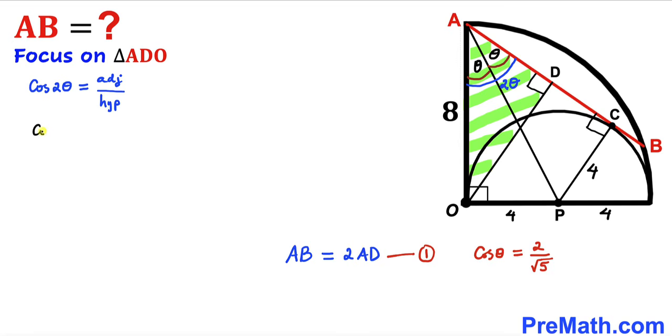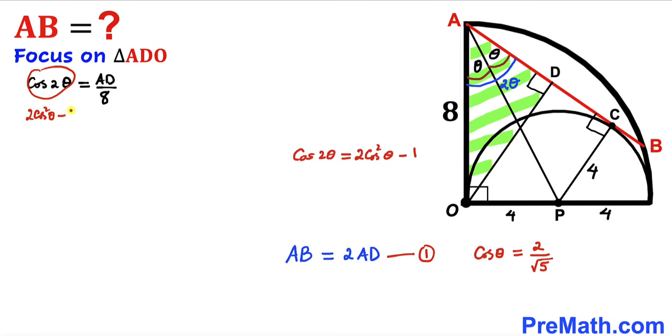So I can write cosine of 2 theta equals AD divided by 8. Now let's recall this famous trigonometric identity: the cosine of double angle 2 theta is equal to 2 cosine square theta minus 1. So I'm going to substitute this cosine of 2 theta by 2 cosine square theta minus 1.